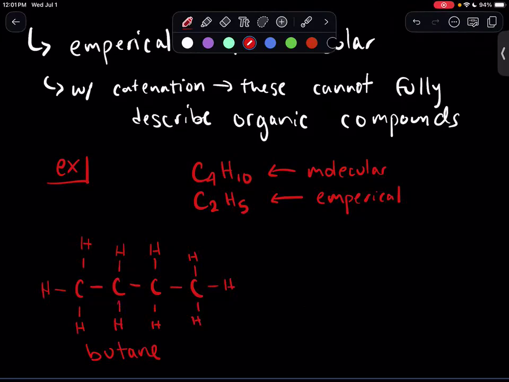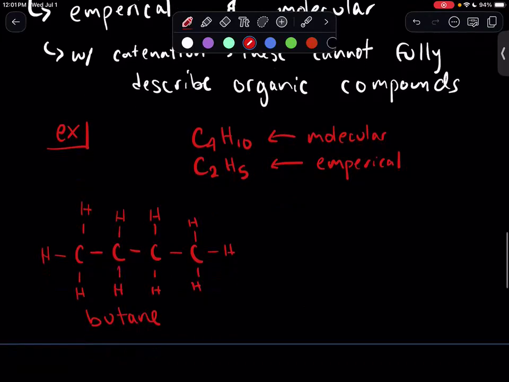And you've probably heard of butane. There's like butane lighters, and we use it for a lot as a fuel. But the thing is, because carbon's so special, it can form a different compound with that same formula. And this you may also note as C4H10.